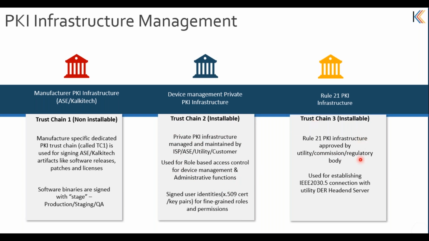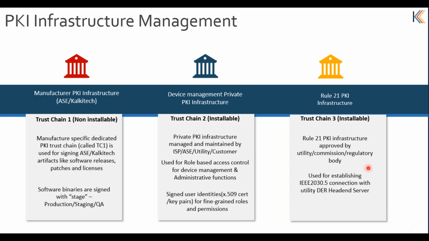Trust chain 3 is again an installable trust chain, which is used for establishing the communication with the utility. That can be a rule. We can have multiple types of PKIs. It can be Rule 21 PKI infrastructure approved by the utility or regulator, or it could be any other custom PKI, which is also acceptable by the device.